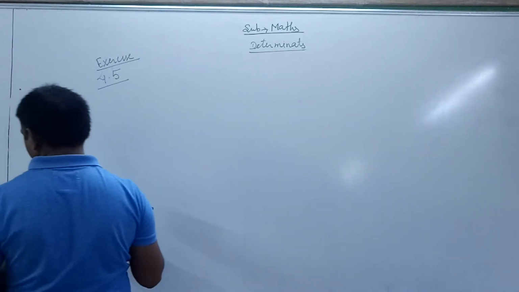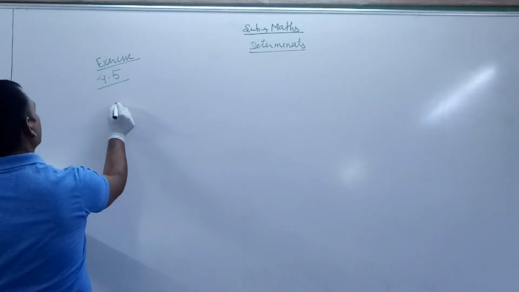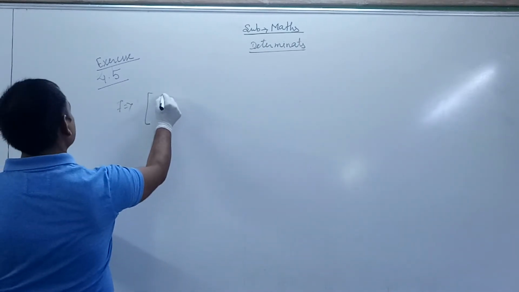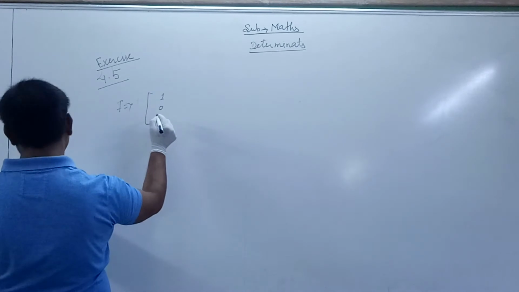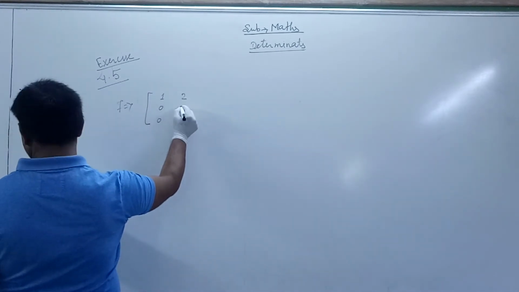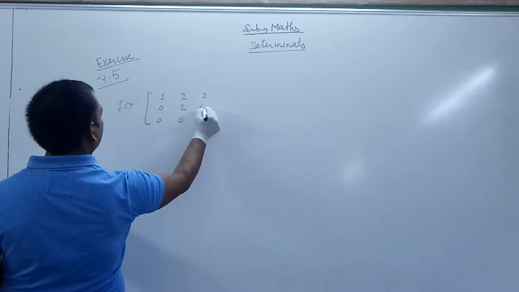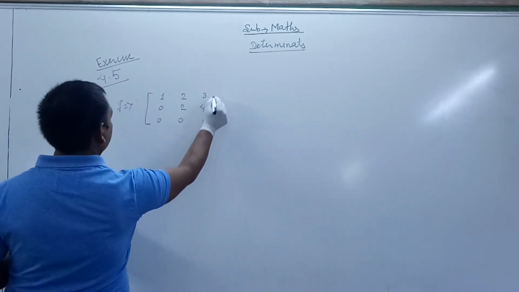Here I take a 3 by 3 matrix. The question number 7: the elements are 1 0 0, then 2 2 0, and then 3 4 and 5.